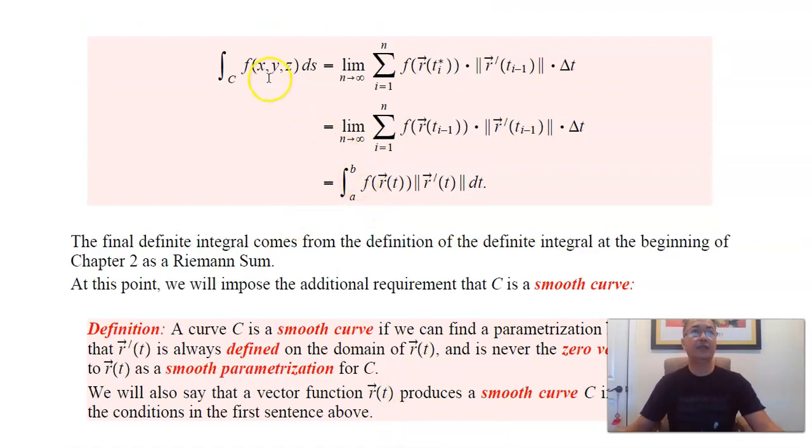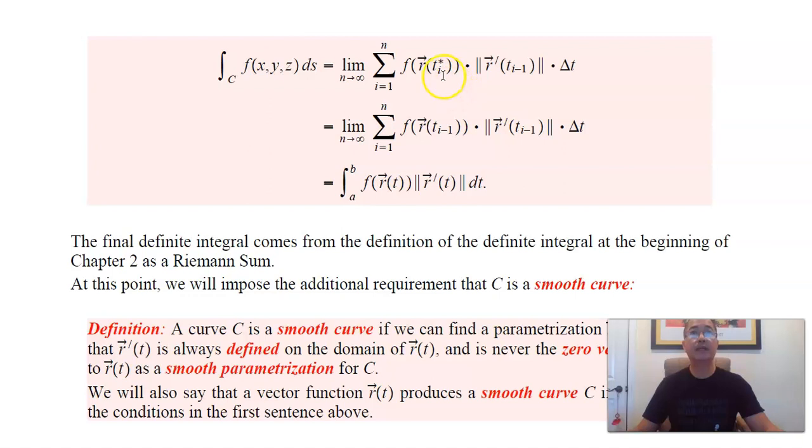Okay, so here's our definition. The contour integral along C of f(x, y, z) ds is the limit as the number of partitions n goes to infinity of the Riemann sum, i from 1 to n, of f evaluated at the representative point r(t_i star) times the magnitude of the derivative r prime evaluated at t_{i-1} times delta t.